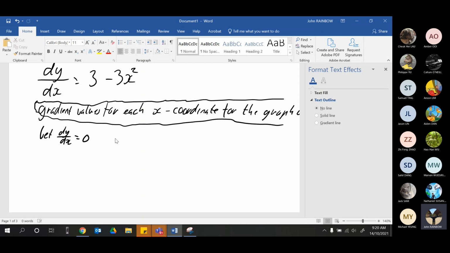Why I do this is, I want to know the x-coordinate when the gradient is 0.